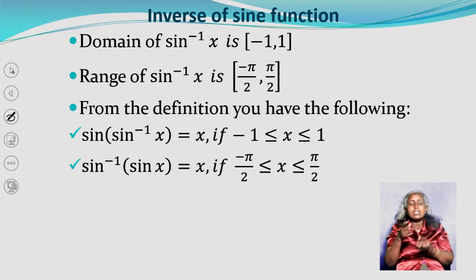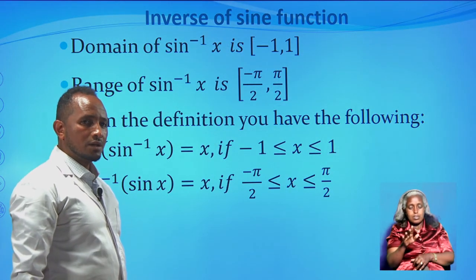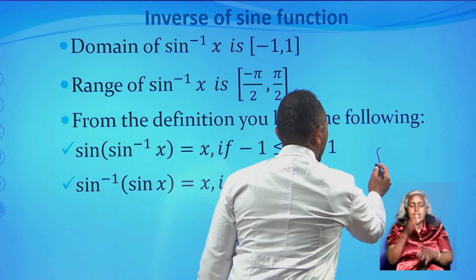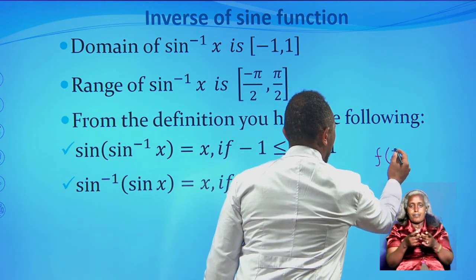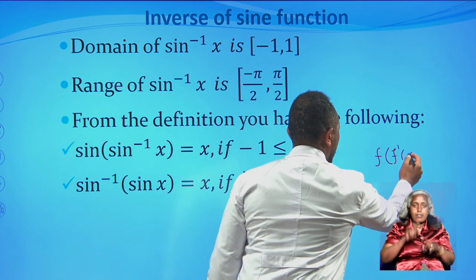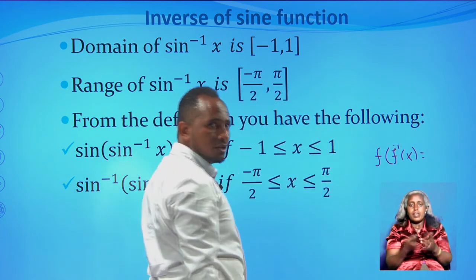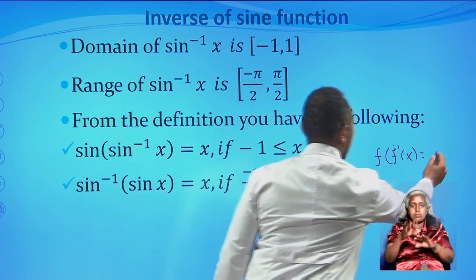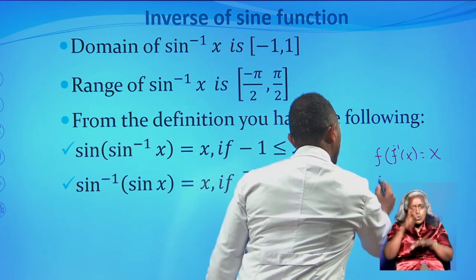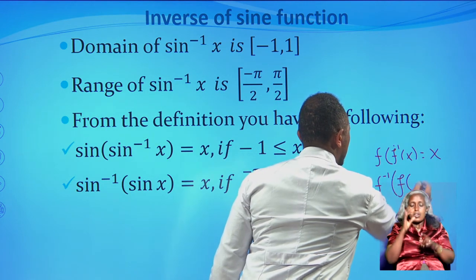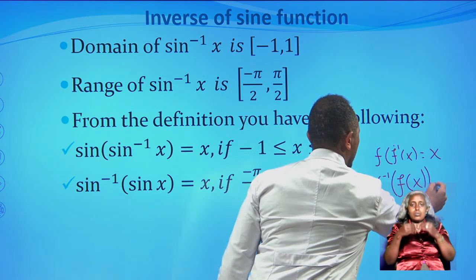Remember in unit 1 of your lesson about relations and functions, f of f inverse of x, the composition of the function and its inverse, always gives you x. Not only this, f inverse of f of x will also give you x.